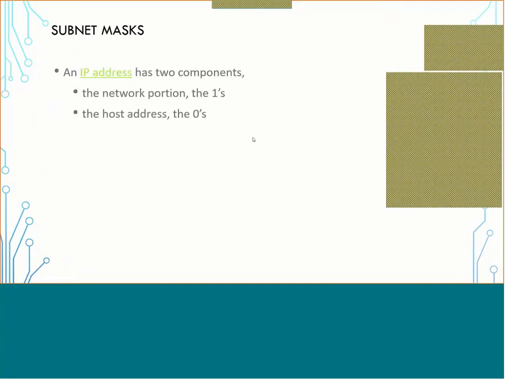So an IP address has two components, okay? The network portion and the host portion. Now, when we just look at an IP address, we can't really tell what the network portion is and what the host portion is.